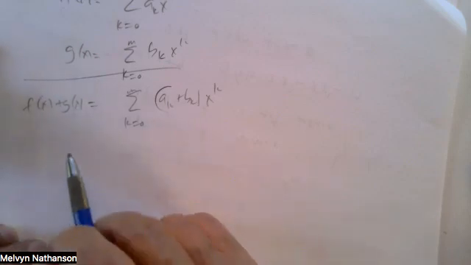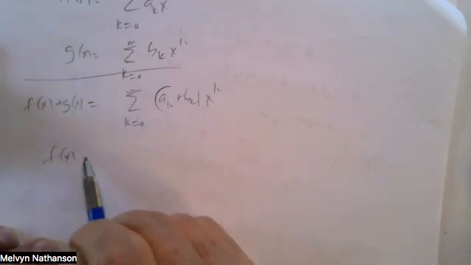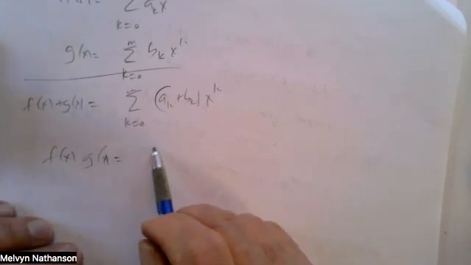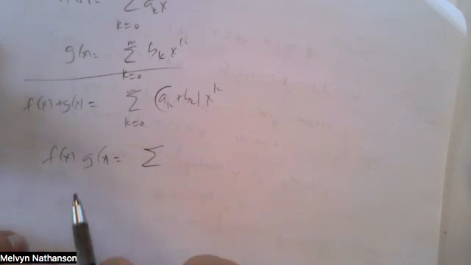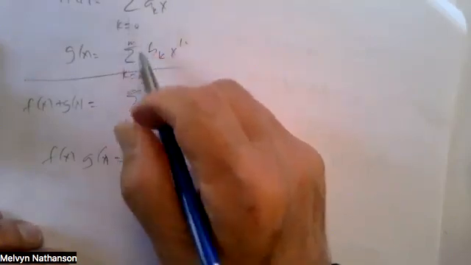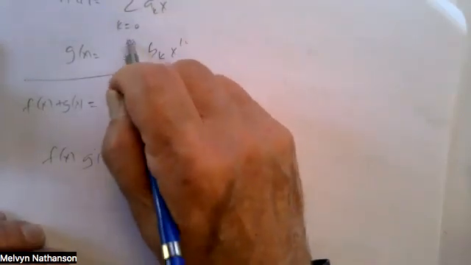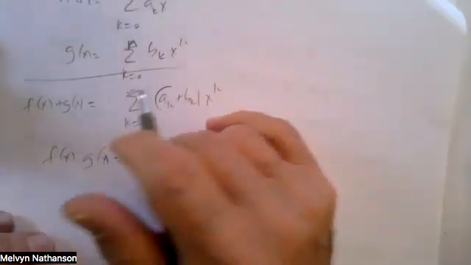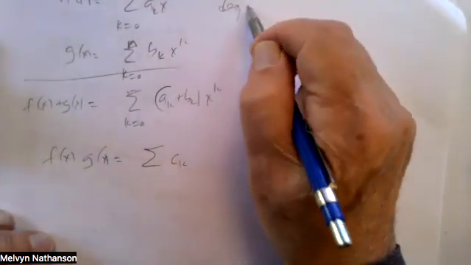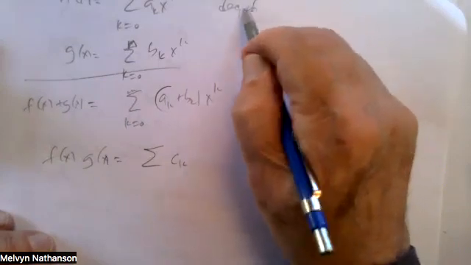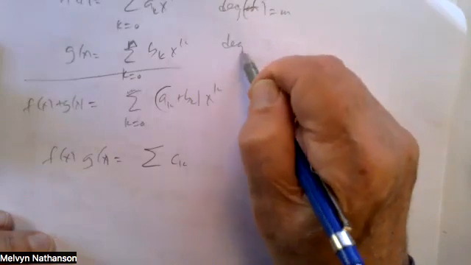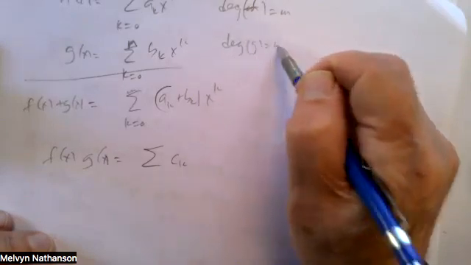And you multiply them just the way you were taught to multiply polynomials. F of x times g of x is going to be some polynomial with coefficients c_k. Let's say f has degree m, and let's say g goes up to n, so degree of g equals n.